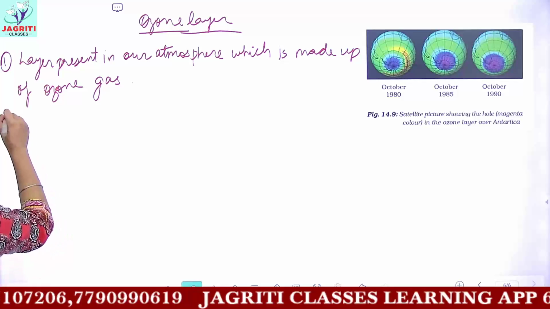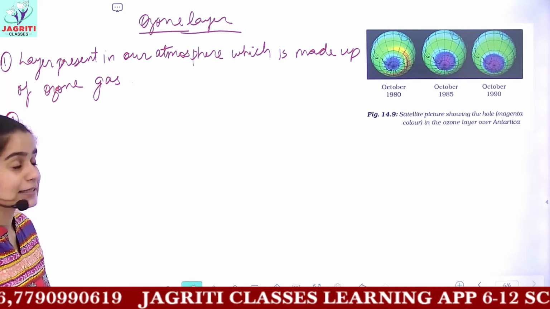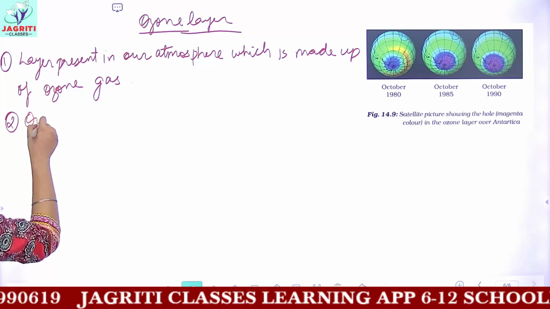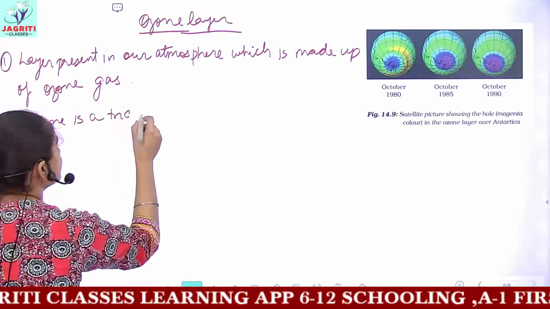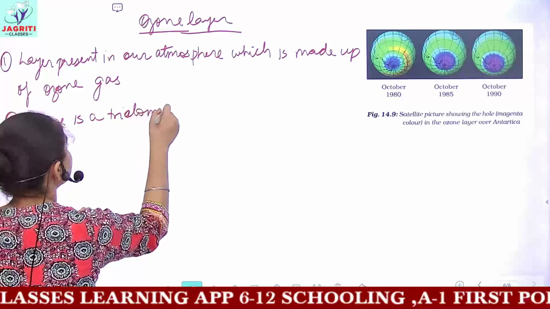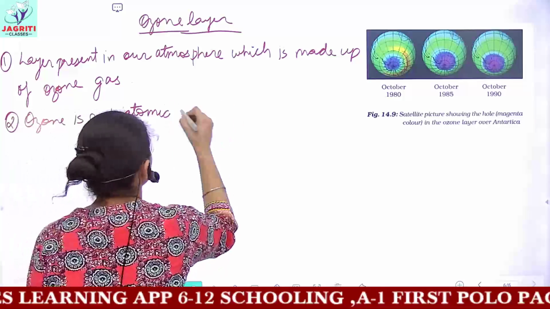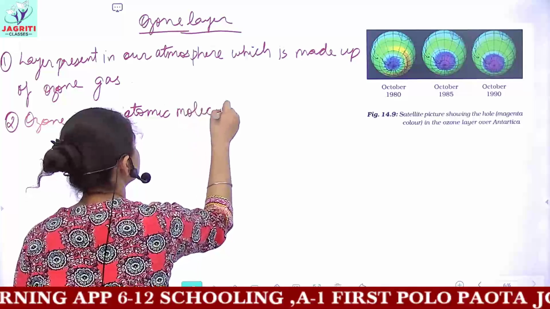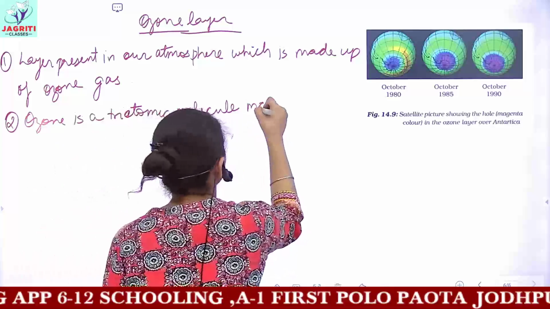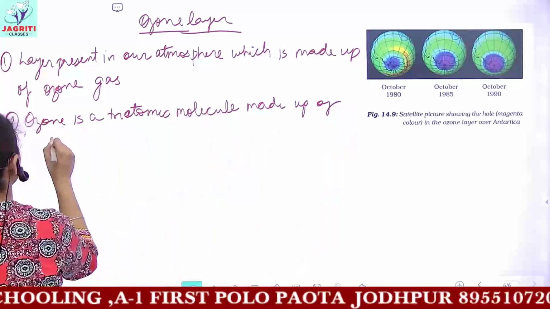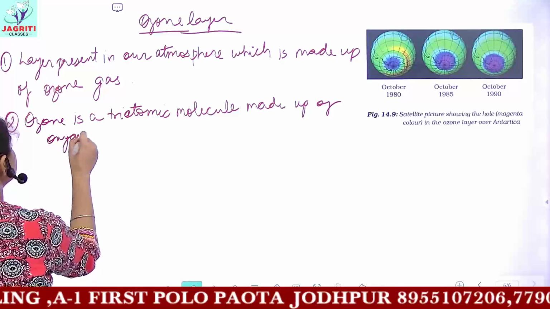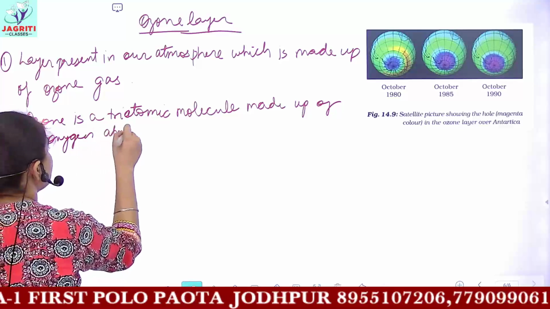So the next point would be, then what is ozone gas? So ozone is a triatomic molecule made up of oxygen atoms.